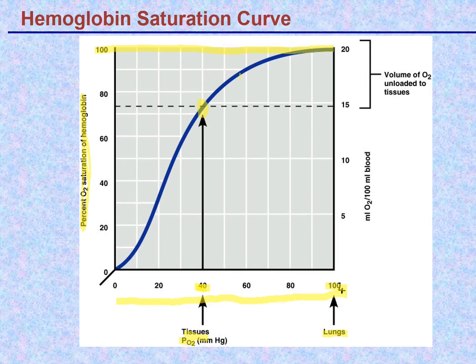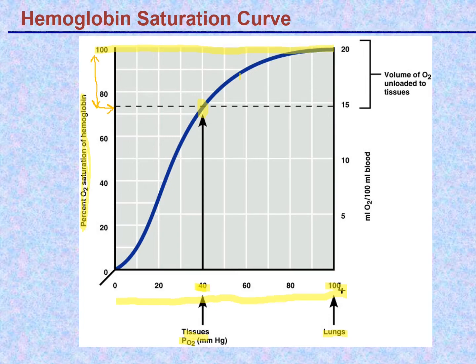So in terms of percent saturation, it drops from 100% to about 70-75%. This 100% releases oxygen down to about 70-75%.